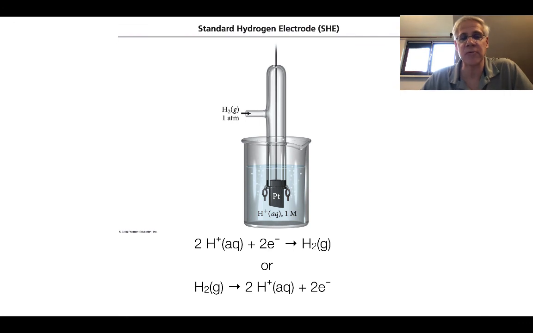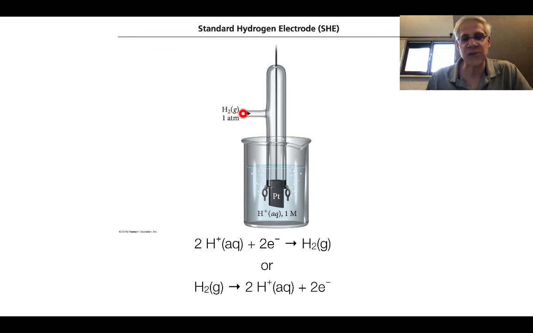So here's an example of a standard hydrogen electrode. We've got a platinum electrode here. It's usually something that's called mossy platinum, or it might be platinum foil, or it might be a platinum mesh. It can be all kinds of different forms of platinum. But we have a 1 molar acid solution here. It does have to be 1 molar for standard conditions.